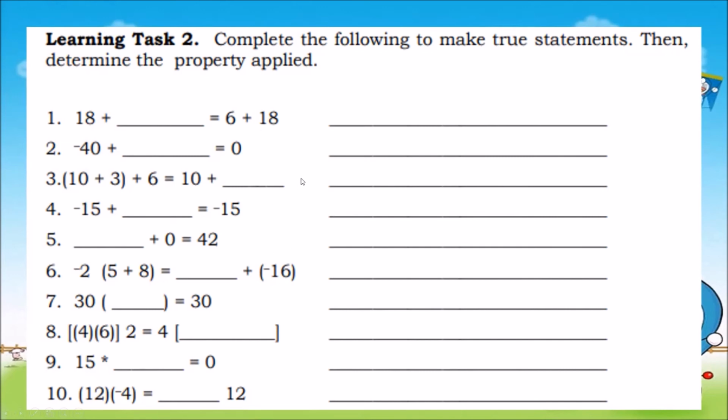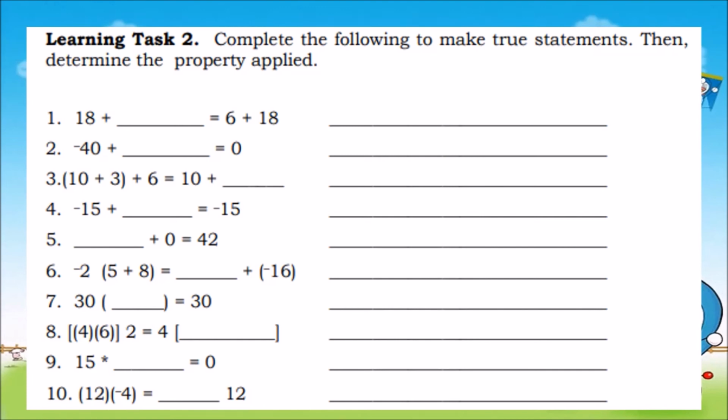So kung yun ba ay closure property of addition or closure property of multiplication. Kung yun ba ay commutative property of addition or commutative property of multiplication. Kung yun ba ay associative property of addition or associative property of multiplication.